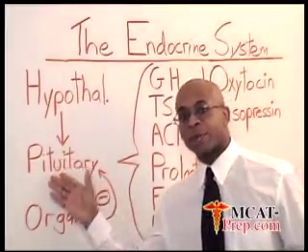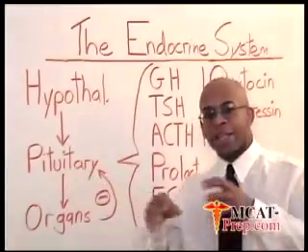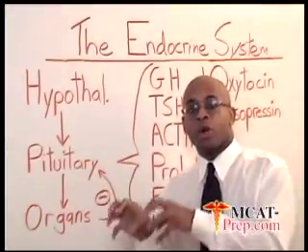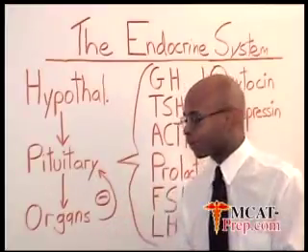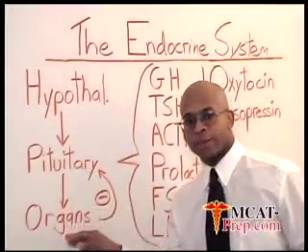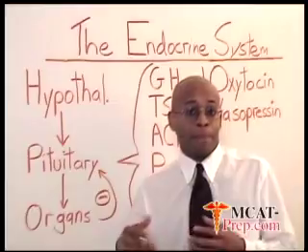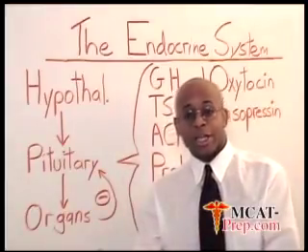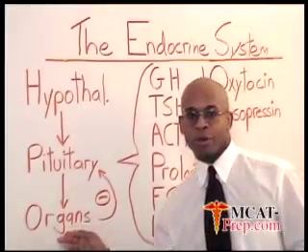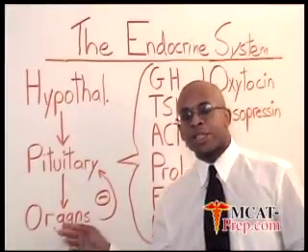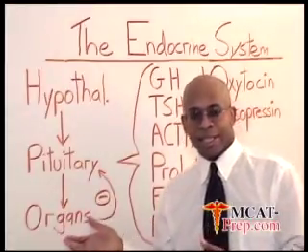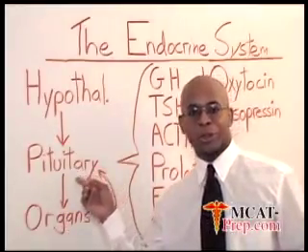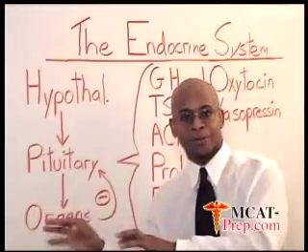The pituitary gland releases these hormones, they circulate in the bloodstream, then they go to a particular organ where it will have a particular function. When it hits that organ, it may, in response, start to produce another hormone. And when that other hormone produced by the organ starts to increase in concentration in the bloodstream, it will go back to the pituitary gland and say, slow down.